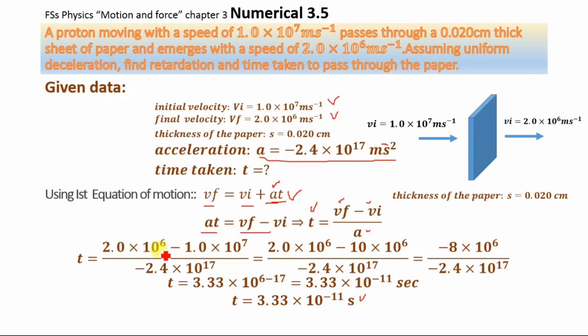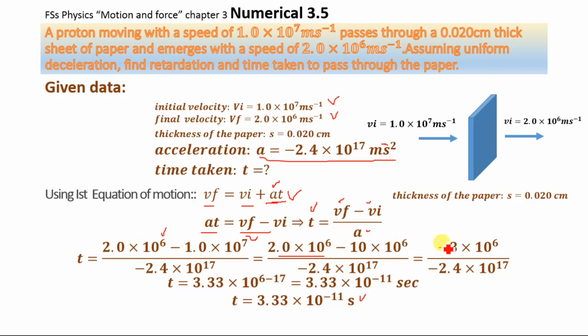This is 2.0 times 10 power 6 and this is minus 1 times 10 power 7. For subtracting these two terms from each other, you will have to adjust the power of 10. This is 2.0 multiplied by 10 power 6, so we will have minus 10. The dot is shifted from here to here, so we have to subtract 1 from this 7, and we will have minus 10 times 10 power 6.